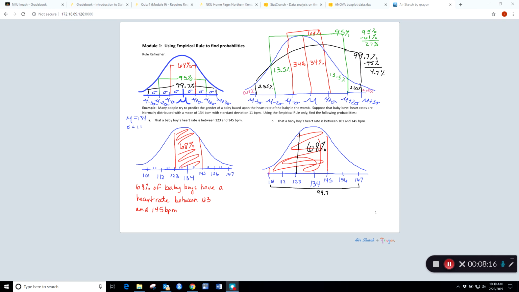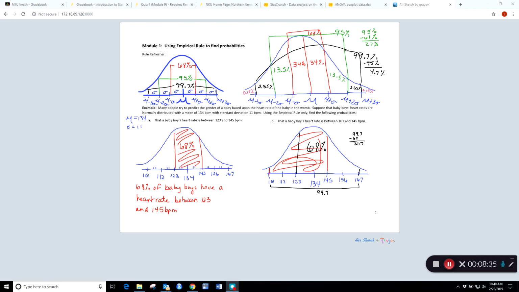I've already put 68% on my picture. So that left me with 31.7% more that I can add to my picture, but with 2 different spots to put it, between here and here.